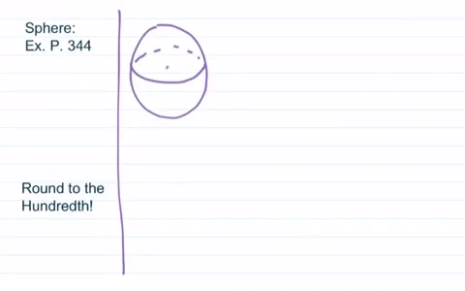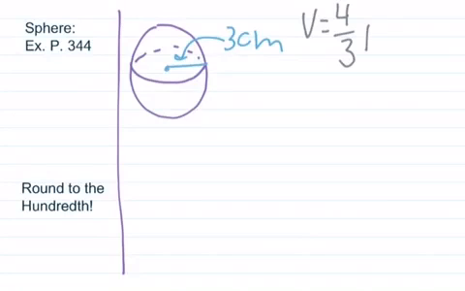Okay, and then from the center of the sphere to the outside, so the radius of the sphere, we're going to say that's 3 centimeters. Okay, if you look on your formula sheet, your formula volume is 4/3 pi r cubed.